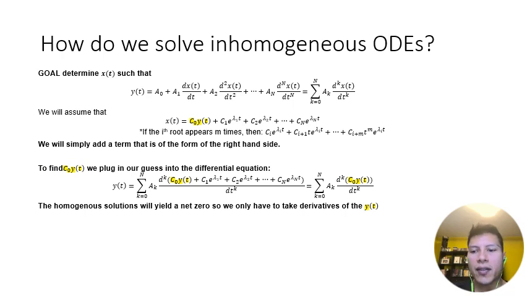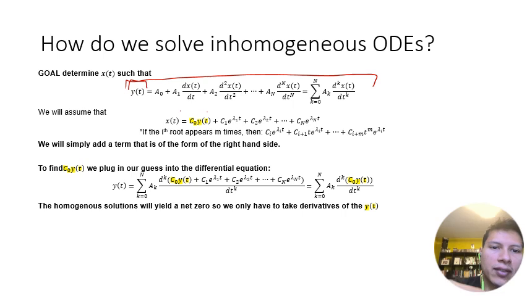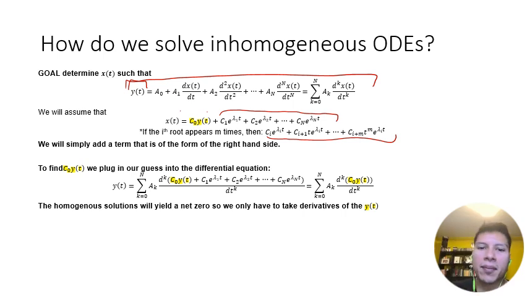So in particular, if we're having to solve this differential equation that I show here, where the forcing term is y sub t, we're going to assume our solution is the same as before. And of course, if we have repeated roots, we have that one little caveat.